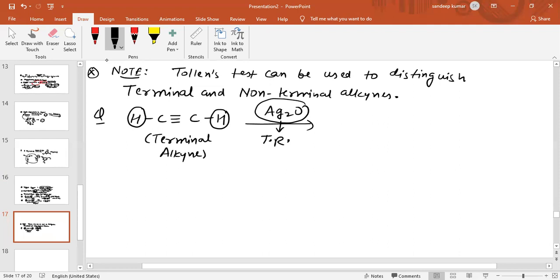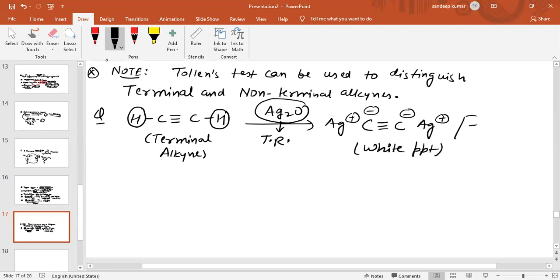We know terminal alkynes give a positive Tollens test. So what will be the product obtained? C negative, with Ag plus at this position. Which color precipitate is obtained? We will say a white precipitate is obtained. It means this gives a positive Tollens test.